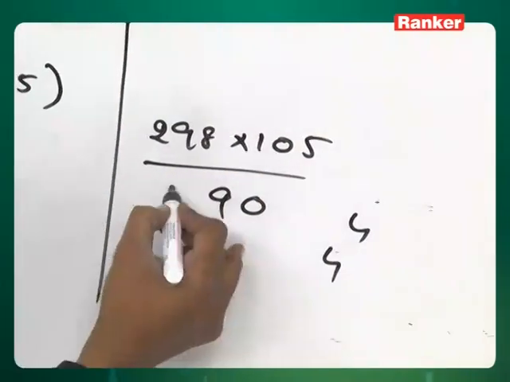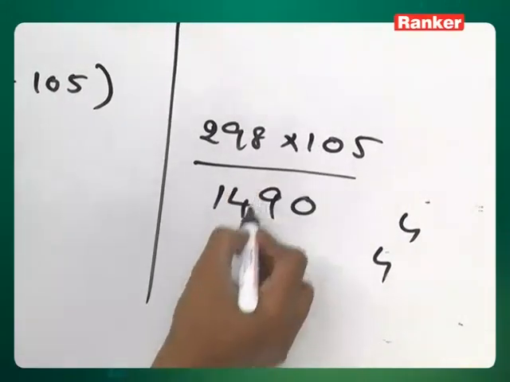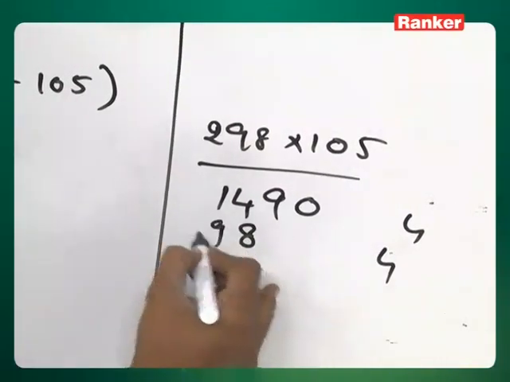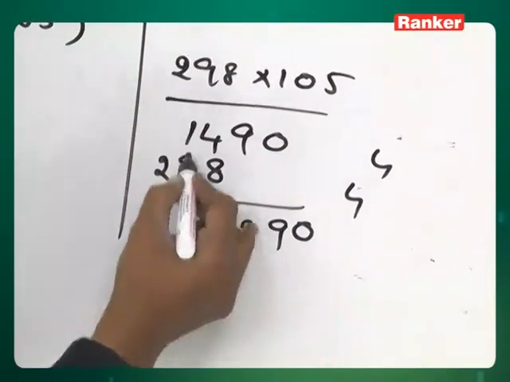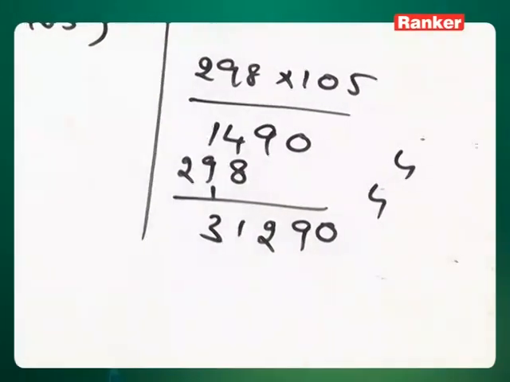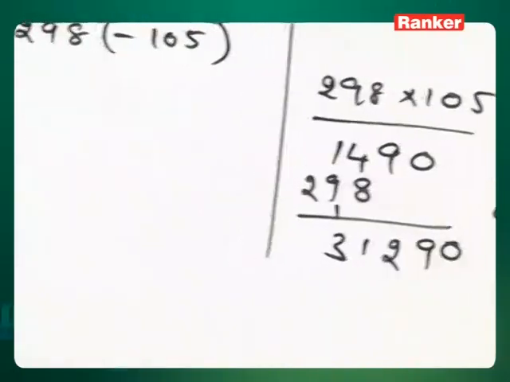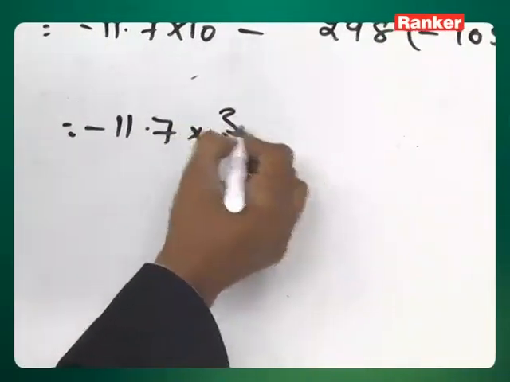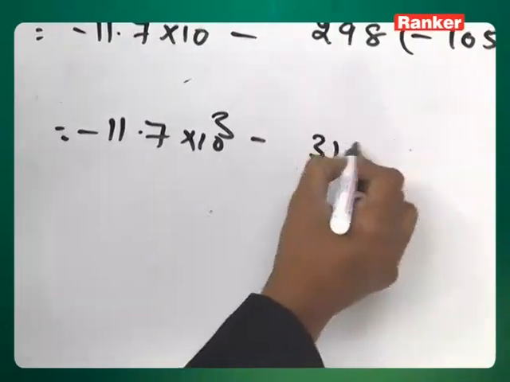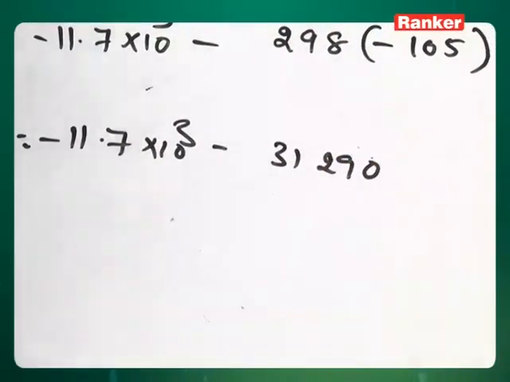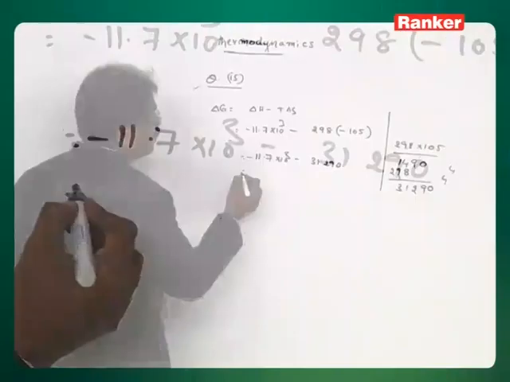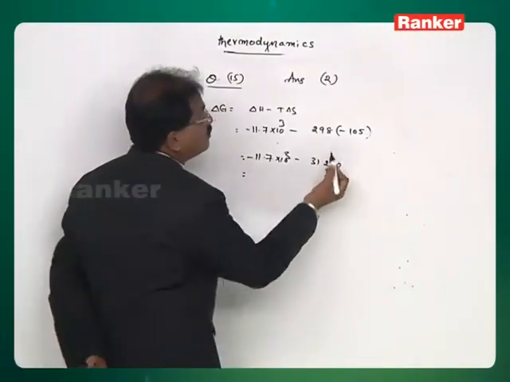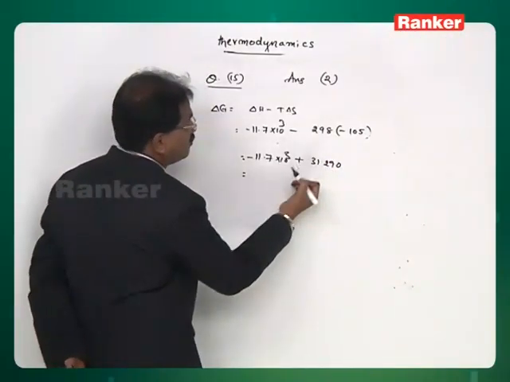If we simplify it, we will get 31290 joules. So, this is minus 11.7 into 10 power 3 minus of minus 31290 joules. Minus of minus becomes plus.